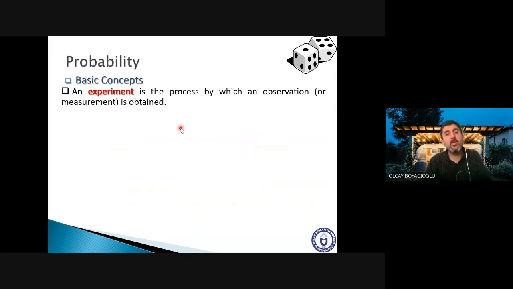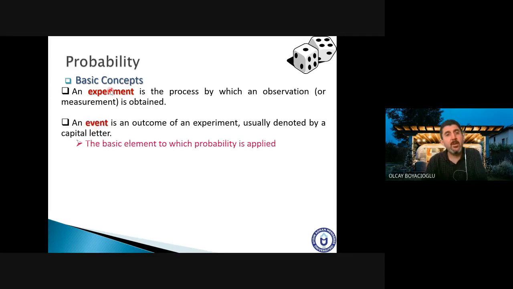So let's look at some of the basic experiments to understand the topic a little bit clearer. All right. An experiment is the process by which an observation or measurement is obtained. Okay. And now these are some of the definitions. An event, olay Türkçe, an event is an outcome of an experiment.